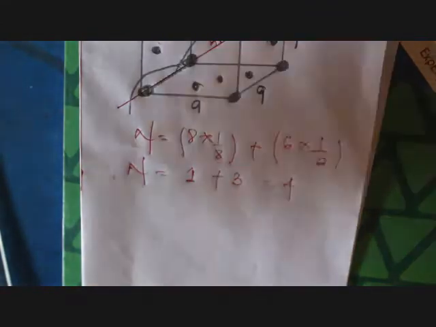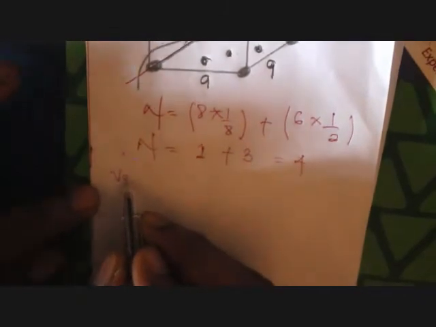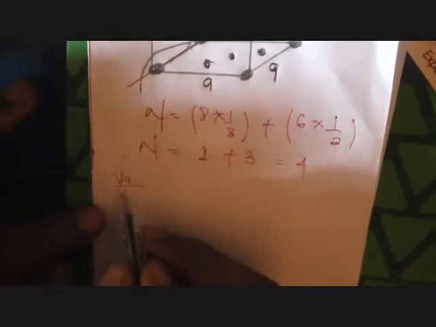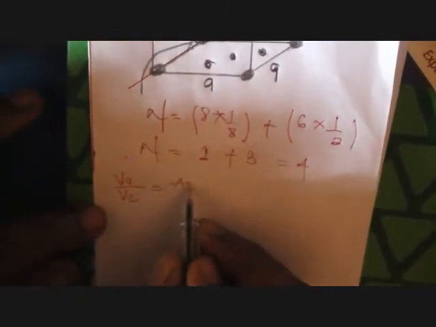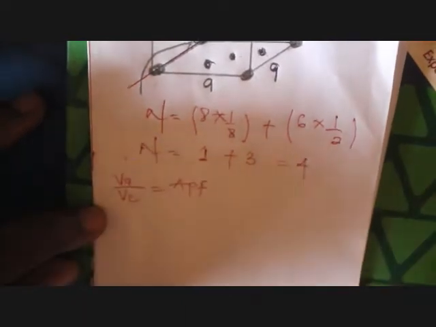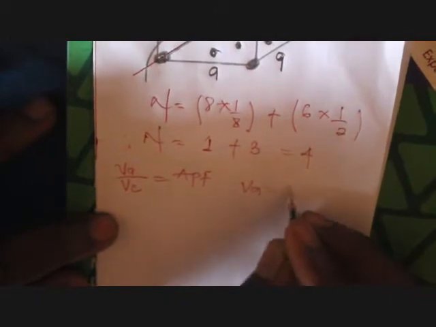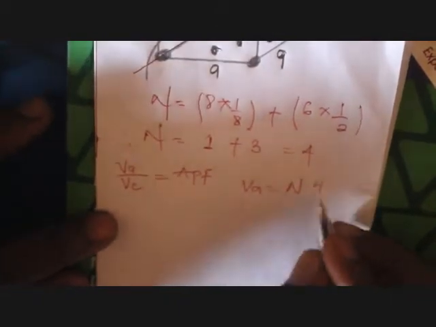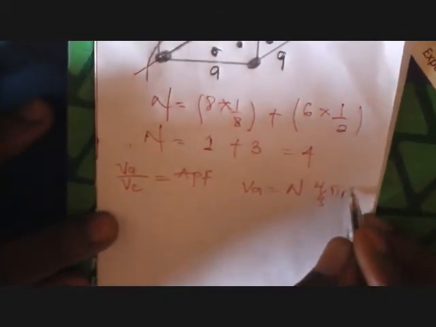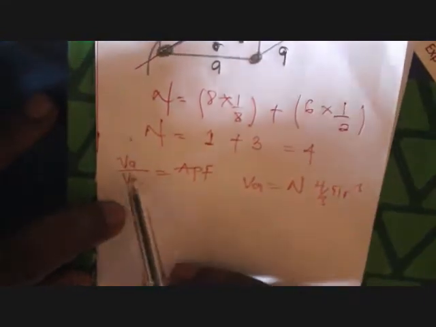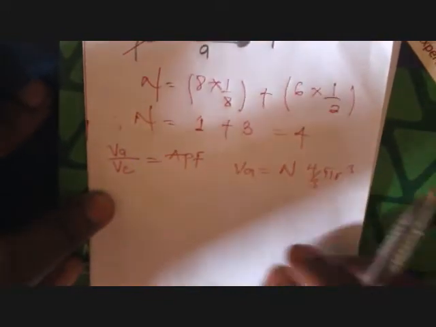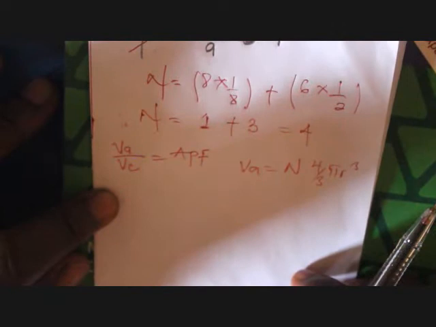Okay. So VA over VC is the atomic packing factor, and VA is equal to N times 4/3 pi R cube. Since VA is the volume of atoms, and the shape of an atom is a sphere, and the volume of a sphere is 4/3 pi R cube.